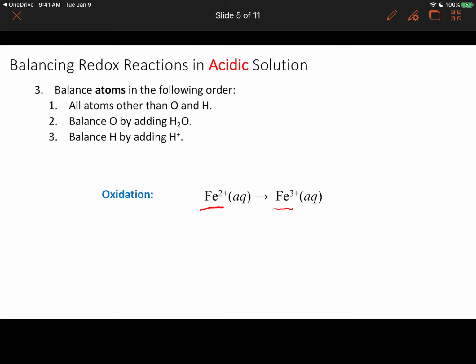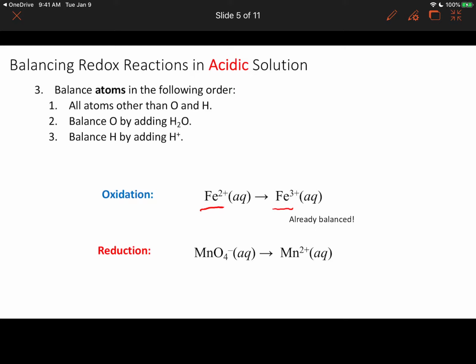And there is one iron atom on the left and one iron atom on the right. So we're good. You'll also notice that there are no hydrogen or oxygen atoms present in this particular reaction, so we can ignore steps 3-2 and 3-3 here for balancing oxygen and hydrogen, because this half reaction, as it turns out, at the moment, in terms of atoms anyway, is already balanced. The reduction half reaction is a different story.